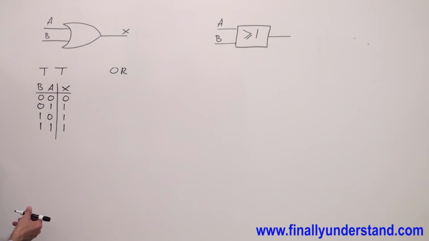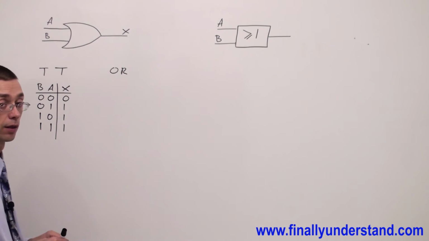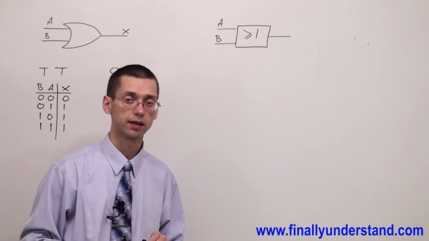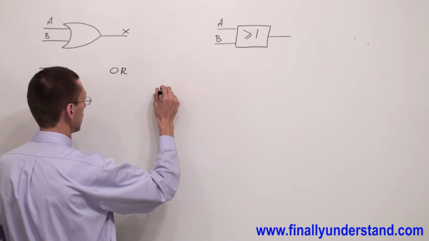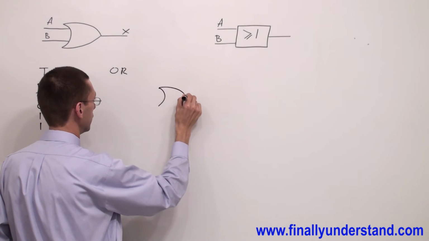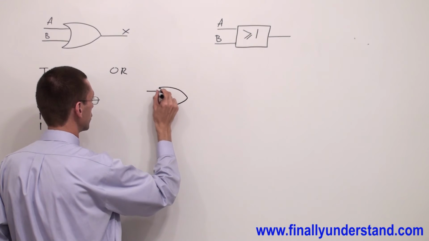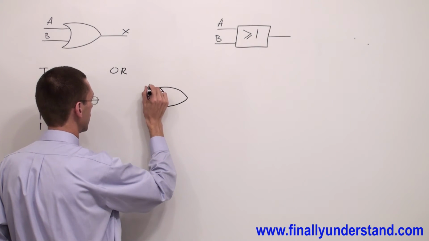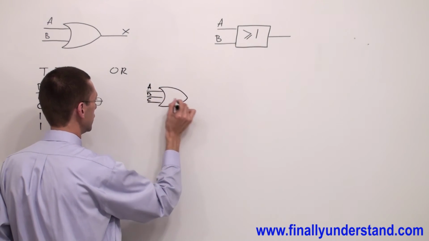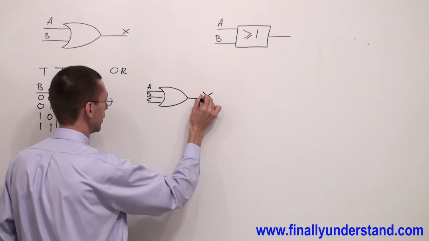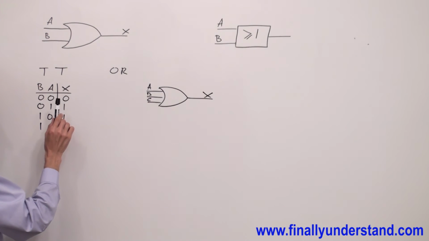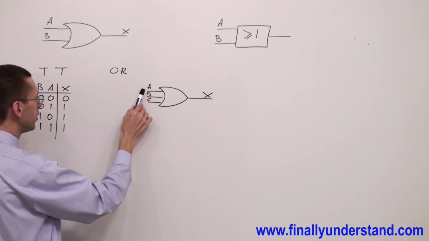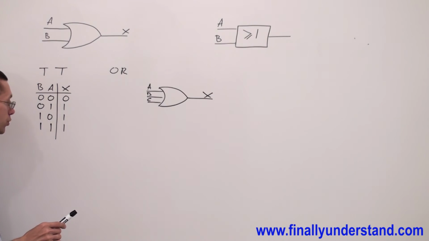Now, if it comes to a gate with more inputs, the concept is exactly the same. If you have an OR gate with 3 inputs, for example A, B, C, and you have output X, you are going to have low at the output only when all inputs are low.